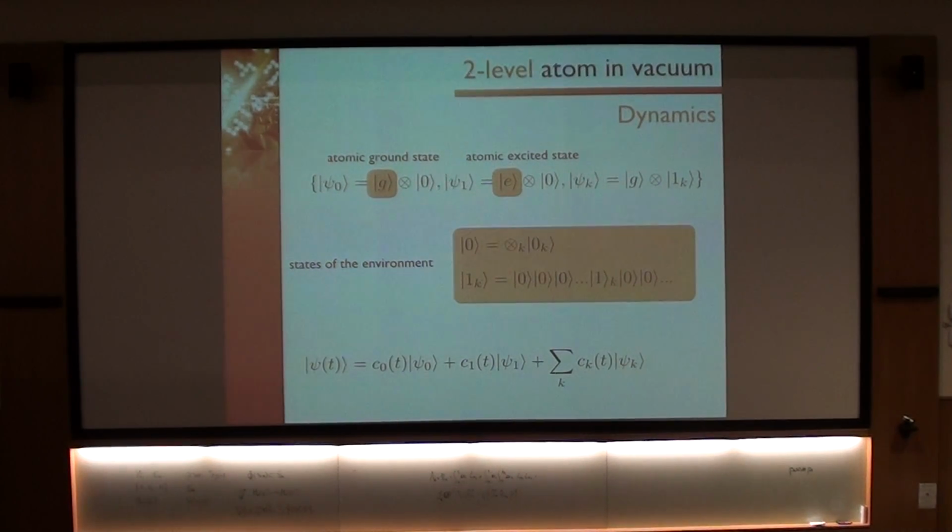And what we can do is write down the state for the total system, so two-level atom and electromagnetic field, the total closed system, and we can just write it in terms of the states of the basis, psi naught, psi 1, and a combination of all the psi k's, because obviously the photon can be in any of the modes of the electromagnetic field. So look here, I'm actually looking at the dynamics for the full system. Okay, so I'm not yet focusing on my open system. That would be the two-level atom only.